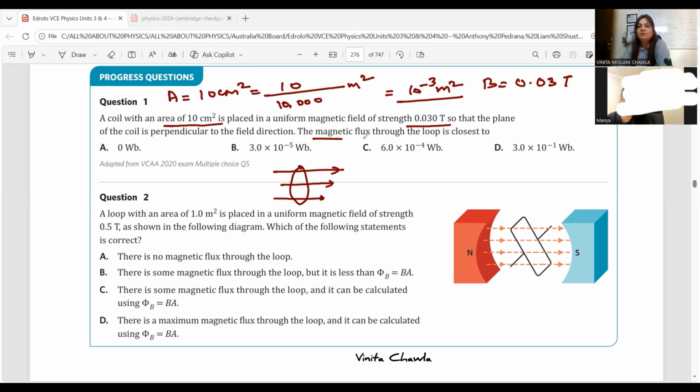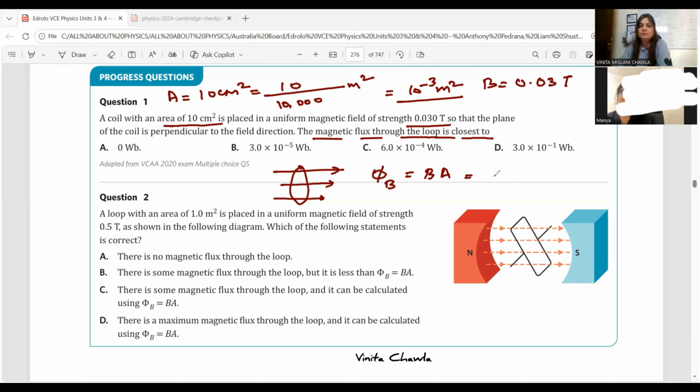So the magnetic flux through the loop is closest to what? In this case, the maximum number of magnetic field lines can cross through the coil. So we can just multiply these two quantities to get the magnetic flux, because the angle is 0 degrees, right? Cos 0 degrees is 1. So the maximum number of field lines can cross through it. Simply take the product and you'll get your answer.